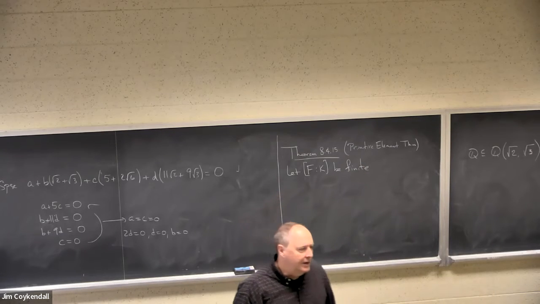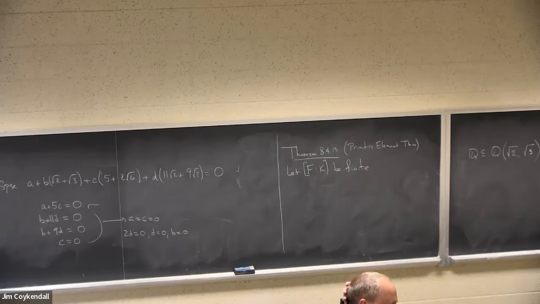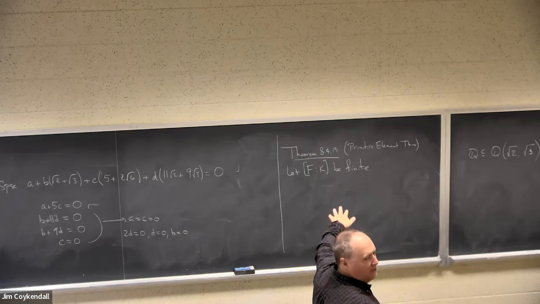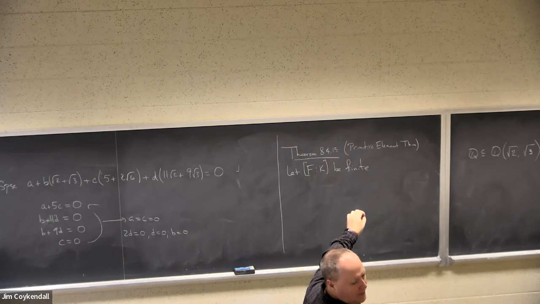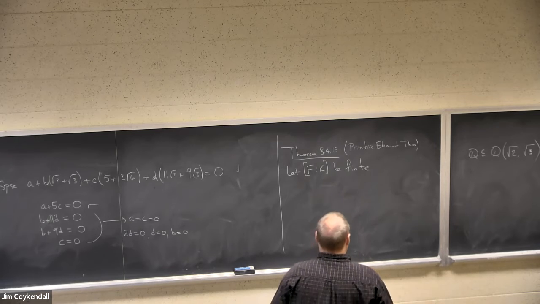Yeah, I mean, actually, it had better be finite, because if it's infinite, then it can't have a primitive element. If it's algebraic and it's infinite, it can't be generated by a single element, right? Because that single element has to have some finite degree.